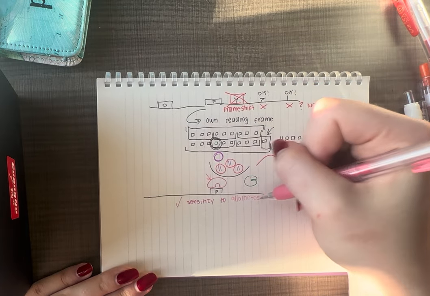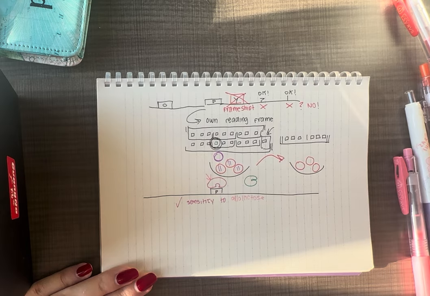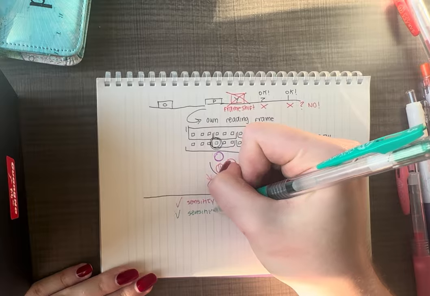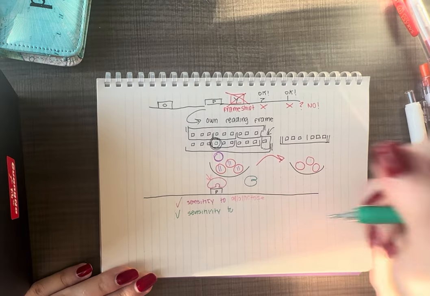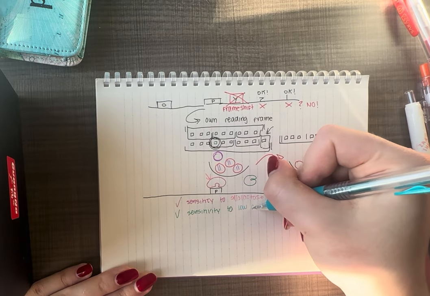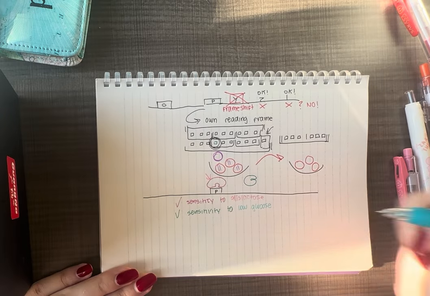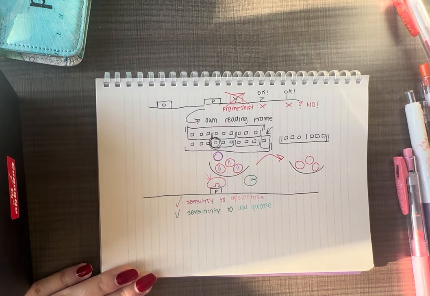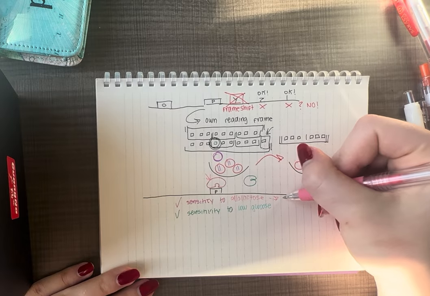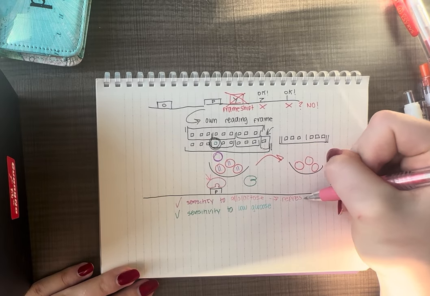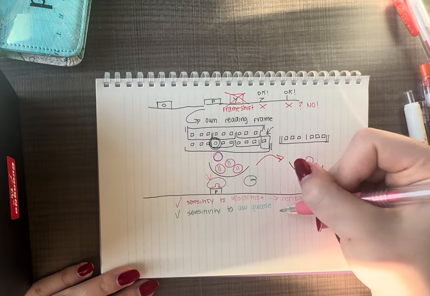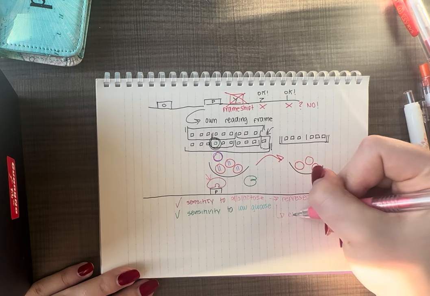So if this is working, you have sensitivity to lactose, and you also have sensitivity to low glucose, which means that if you have no allolactose, you're going to be repressed. But if you have allolactose, you're going to have expression.